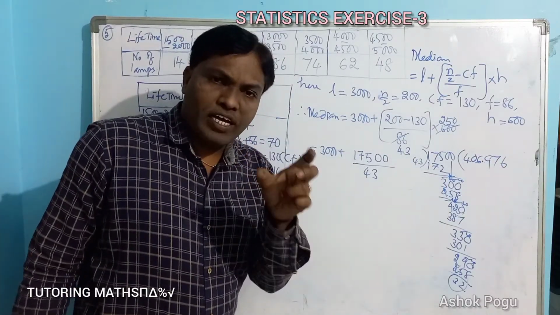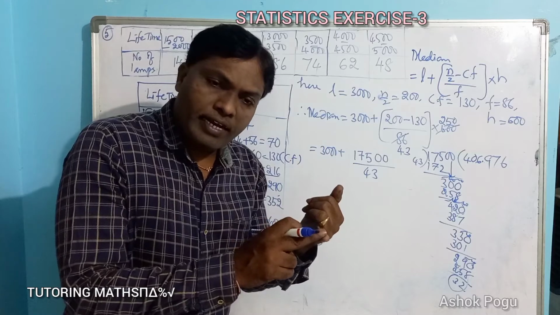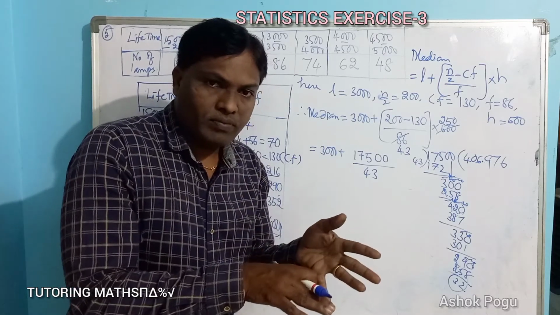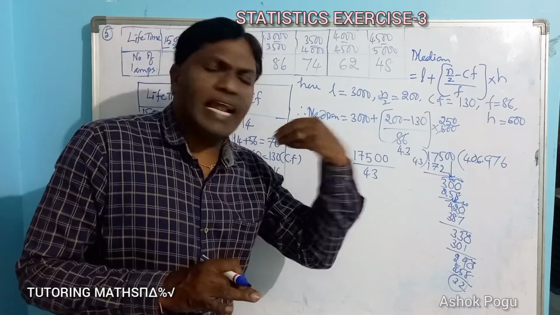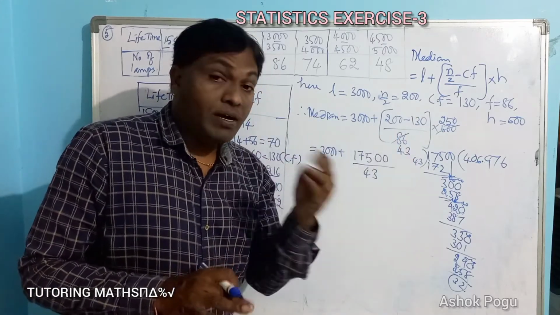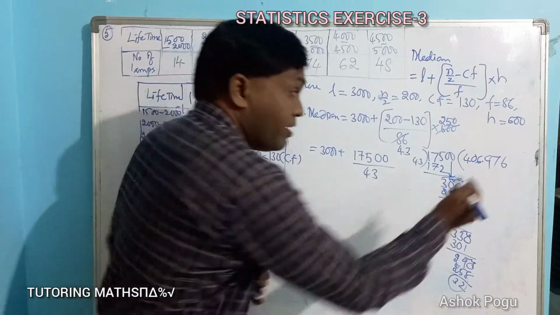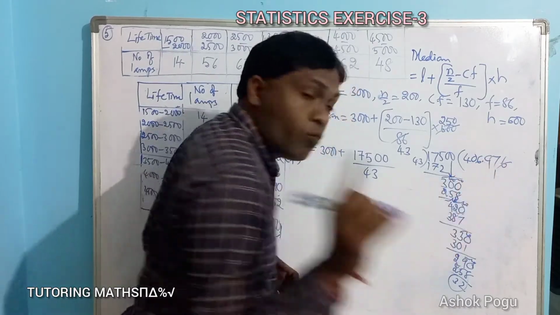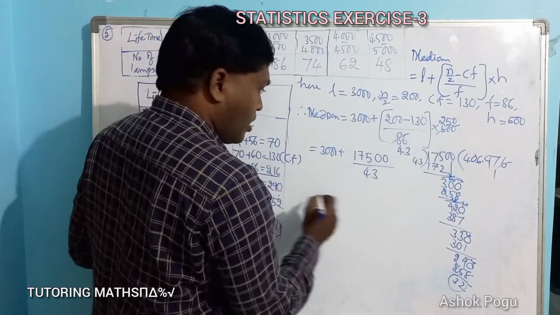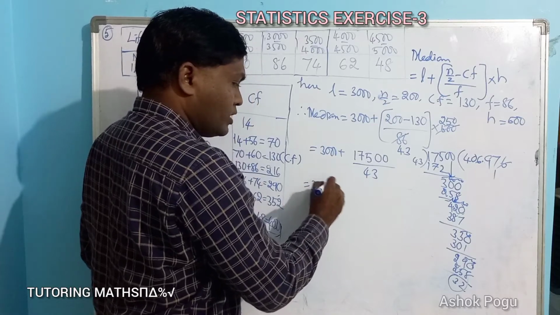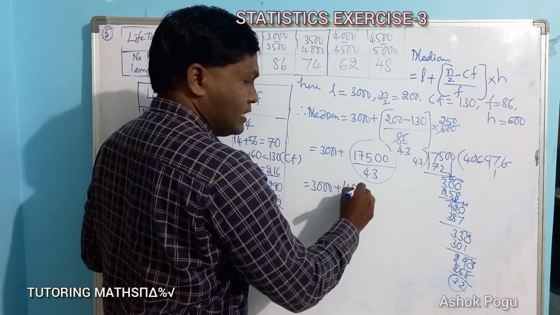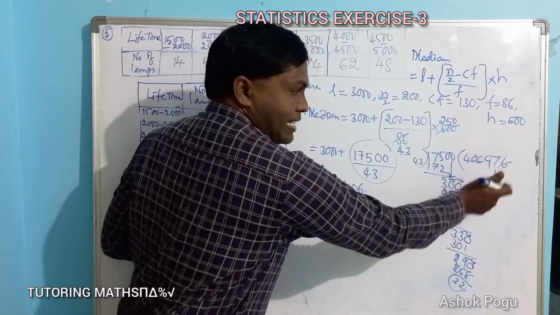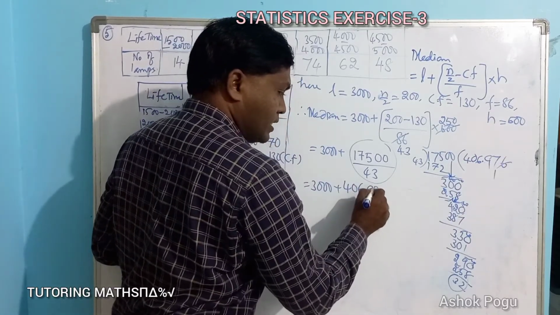Check the last, third decimal place. We have to check whether it is equal to 5, greater than 5, or less than 5. Three cases. If it is less than 5, you simply neglect it. But if it is equal to 5 or greater than 5, add 1 to its preceding digit. Now it becomes 3000 plus the decimal value of this fraction, 406.98. 7 becomes 8, that is 98.